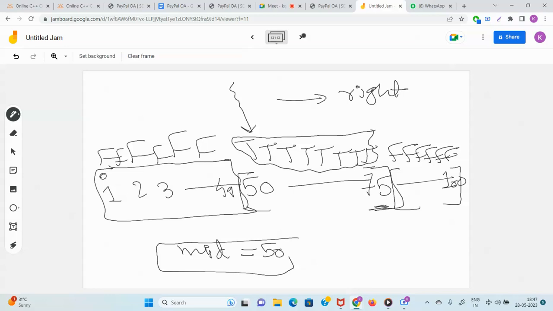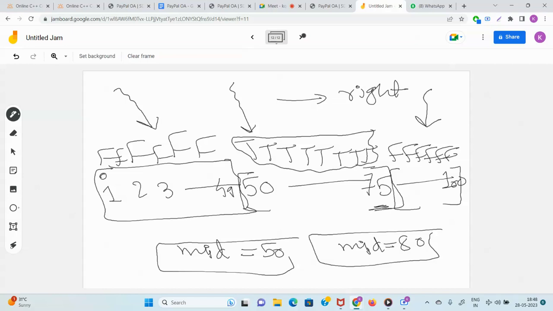Now, whenever you encounter an F, let's say your mid was 80. But there are two cases of F. How will you come to know whether this is a false of the starting part or the ending part? It is common sense, guys. You just calculate the low and high of this.